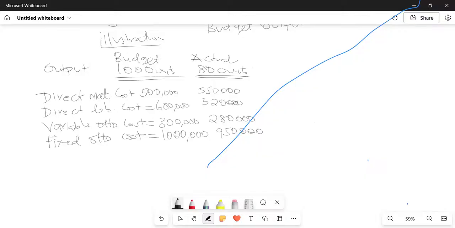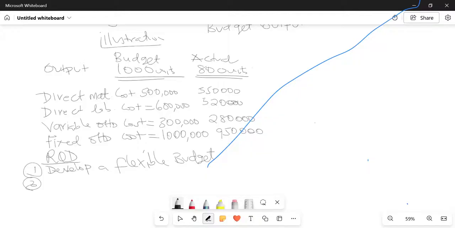950,000. So we are required here to do something very simple. Number one, we are required to develop a flexible budget.